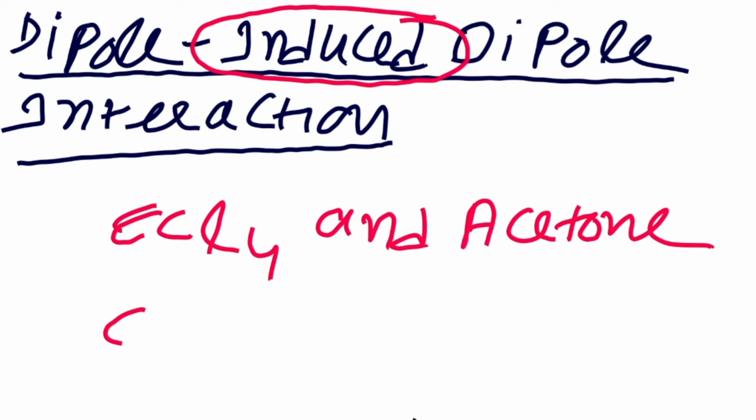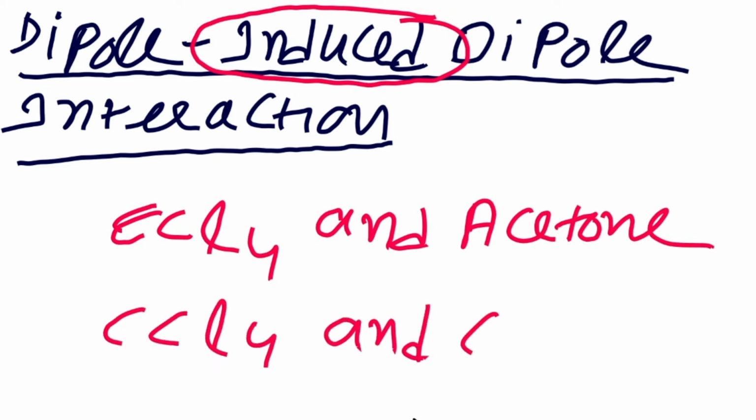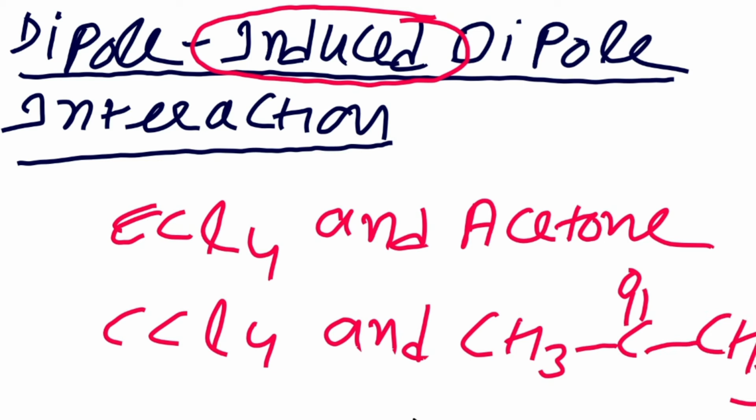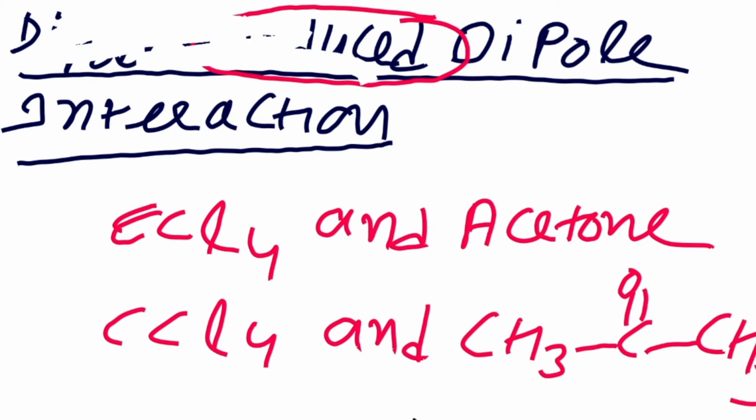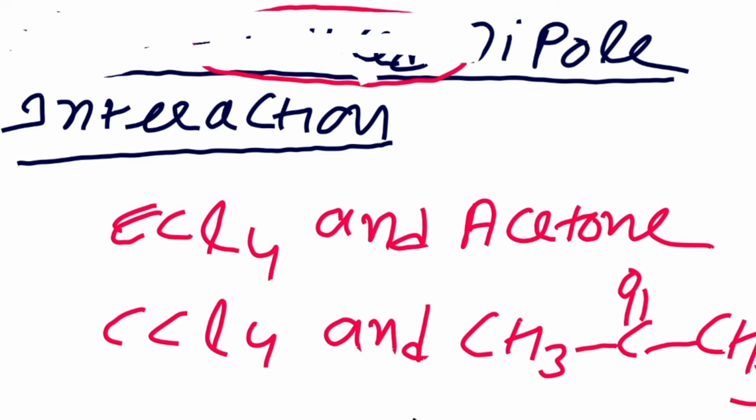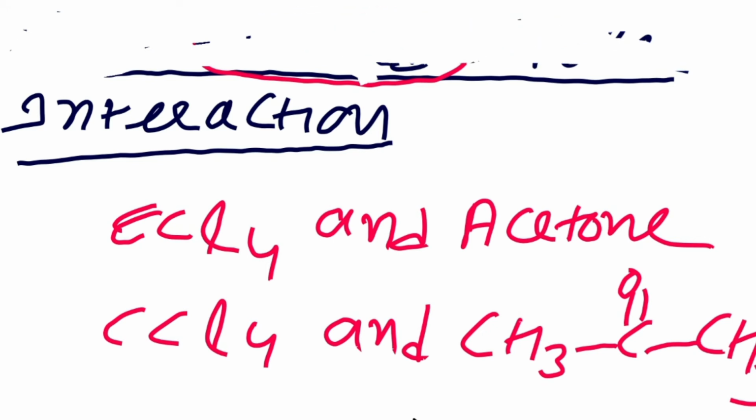Okay बेटा, I will tell you acetone का जो फॉर्मूला होता है that is CH3 C double bond O CH3. Is that clear?